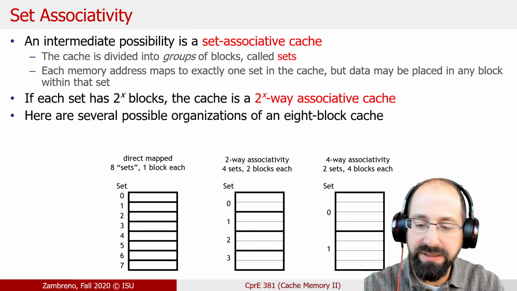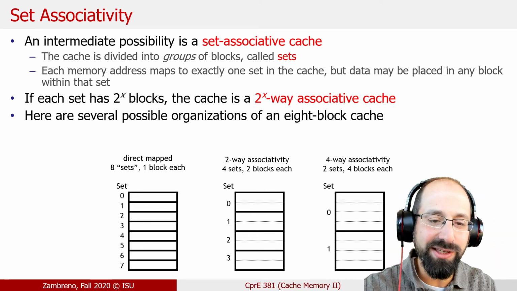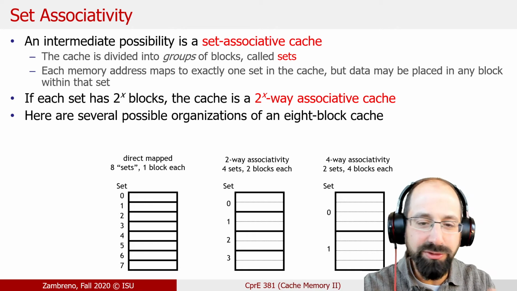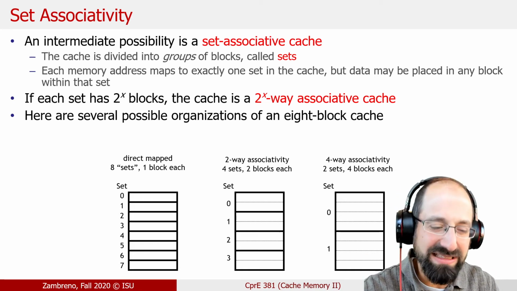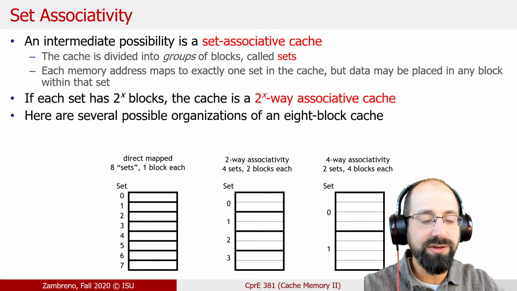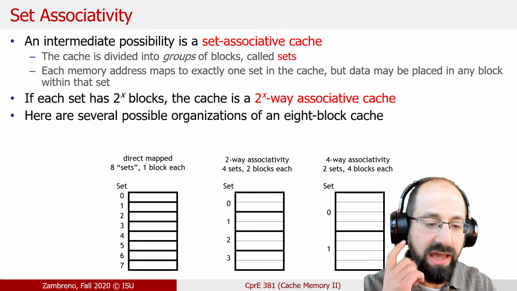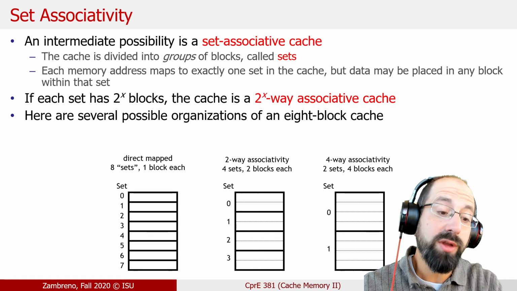In practice, what we tend to see are 2 to the x way set associative caches, where x is 1, 2, 3, 4. I don't see more than 16-way, and 4 and 8 seem to be the most common. So you'll see a 4-way set associative cache or an 8-way set associative cache. What that means in practice, we'll talk about in just a second, but don't overthink it.